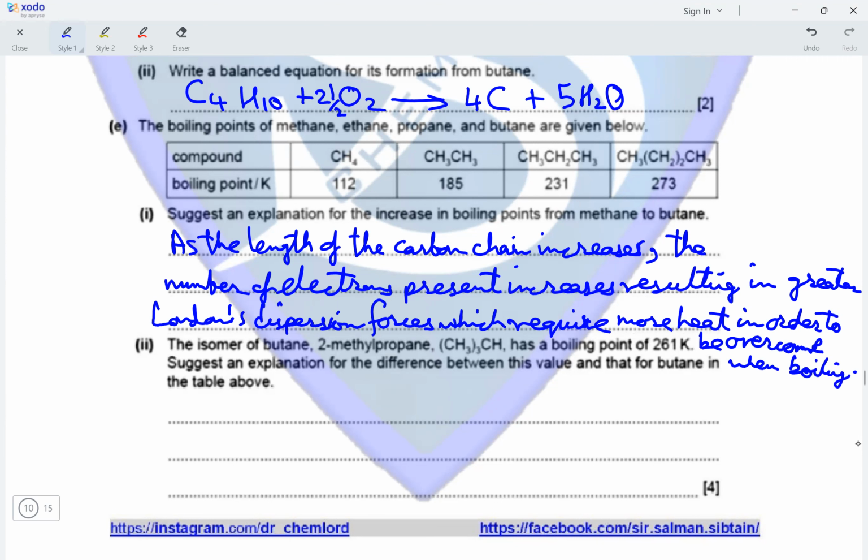So the boiling point will definitely increase because more heat energy would be required to overcome the greater London dispersion forces present due to the increase in the number of electrons, because the carbon chain is increasing and the Mr is increasing.